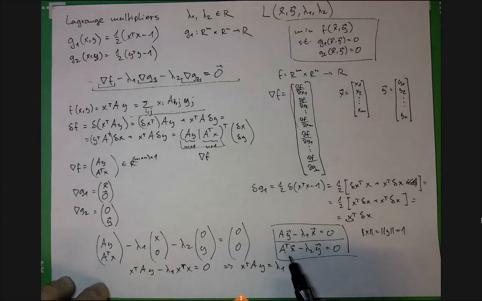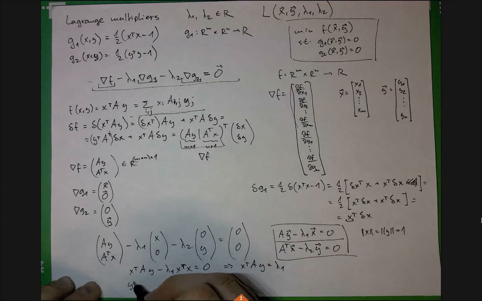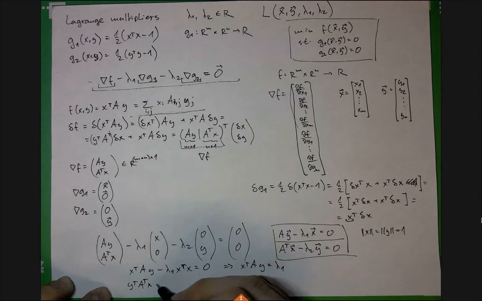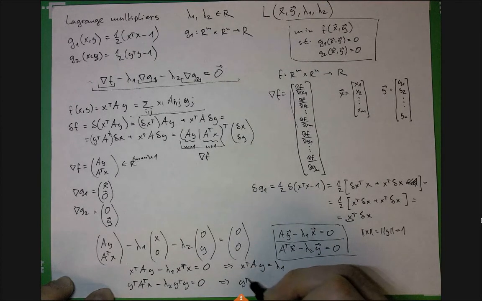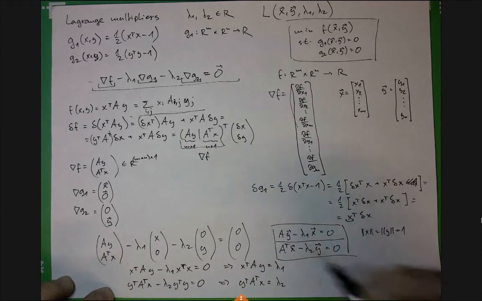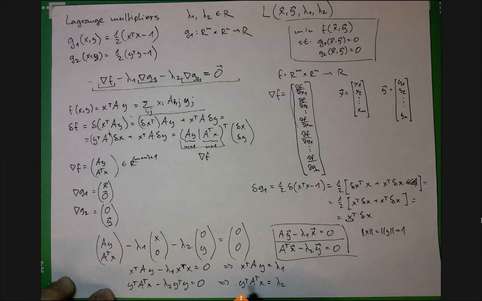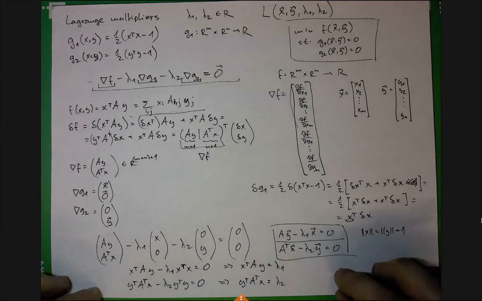Now look at the second one. Here I can hit it from the left with y^T, and I will get this. y^T y is 1. So that means that y^T A^T x is lambda 2, right? But remember, this is the same thing as before. y^T A^T x is just a 1-by-1 matrix, aka a scalar.